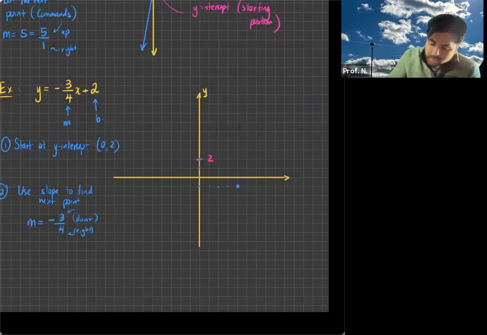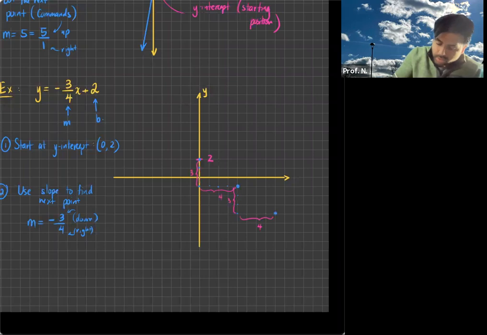So I got this here to be 3, and I have another one here to be 4. And then the same thing happens again. So I go 1, 2, 3, and then I move over 1, 2, 3, 4. So this here is 3, and this here is another 4.